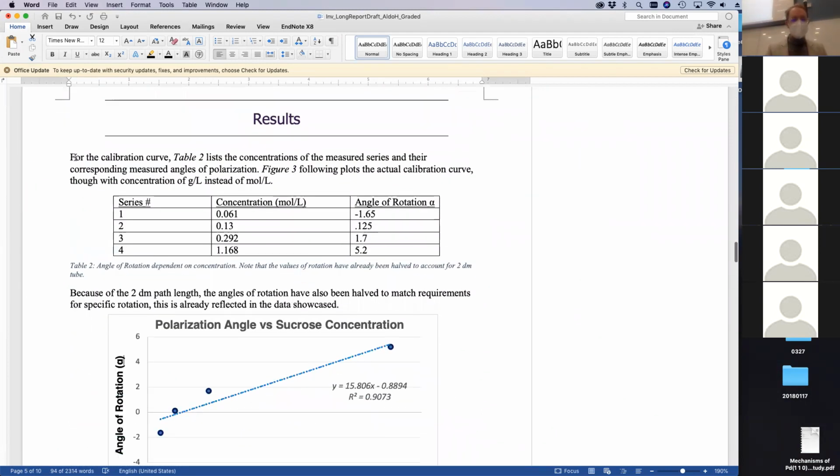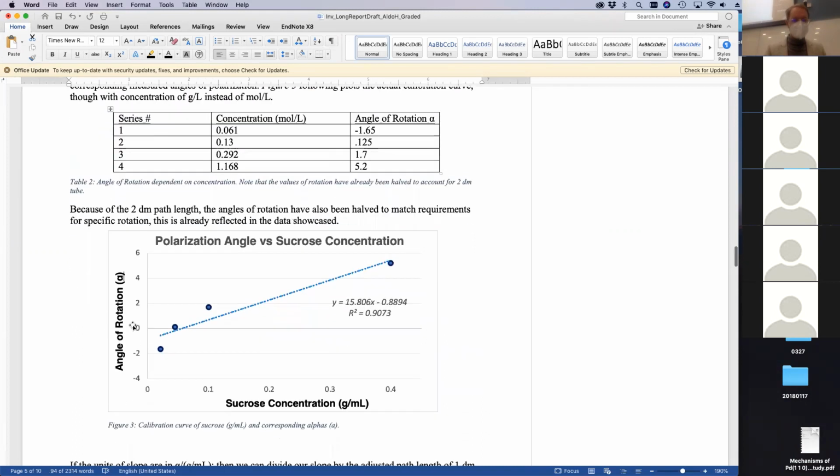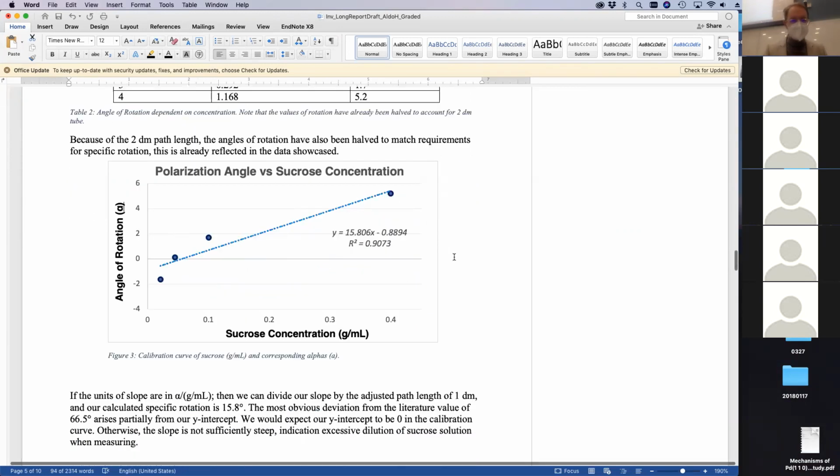Okay, so then the main result. So first there's a calibration curve where you look at the angle of the polarization rotation versus the sucrose concentration. In principle, this should be linear. It looks like the data is maybe not so perfect, but it is what it is.